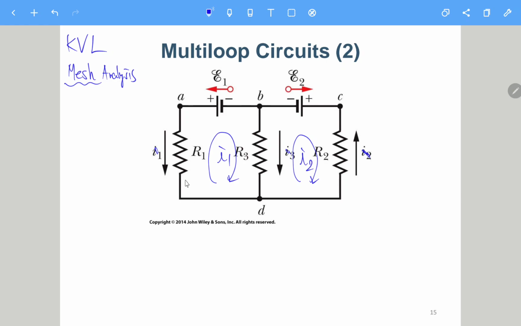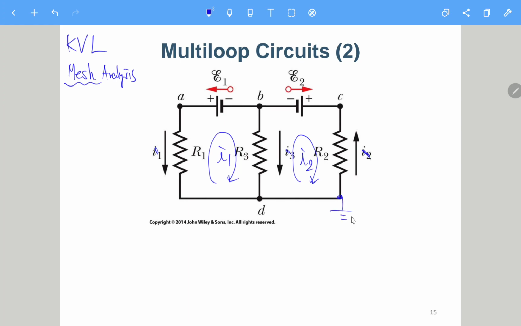Of course, we don't count the big one, we just count the smaller ones. And similarly, we define this one to be the ground.